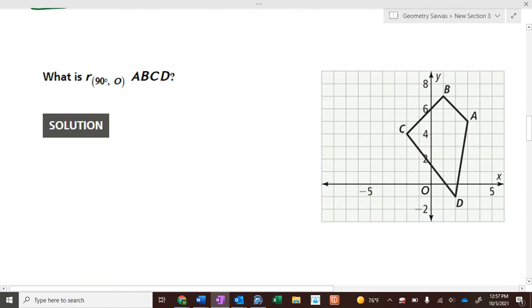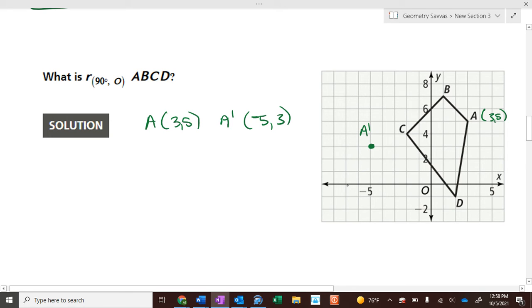So how would we rotate this 90 degrees around the origin? Well, if we know the ordered pairs, A was at 3, 5. So A prime will be at 5, 3 with the y being opposite. So negative 5, 3.